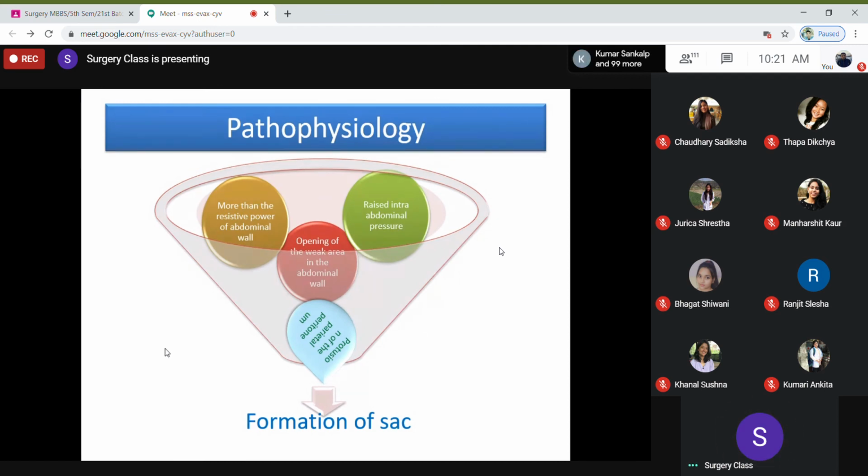Then from that weak point, protrusion of the parietal peritoneum takes place, and there is formation of a sac. So if the wall can't hold on to the increased pressure, the pressure is focused on a particular weak area of the abdominal wall, and there is protrusion of the parietal peritoneum, and they form a sac.